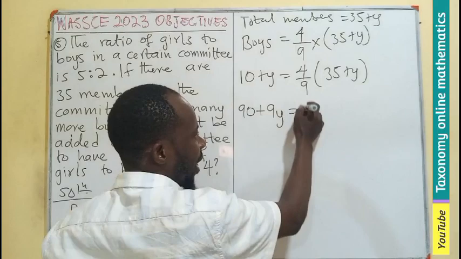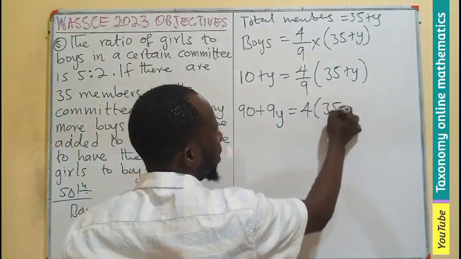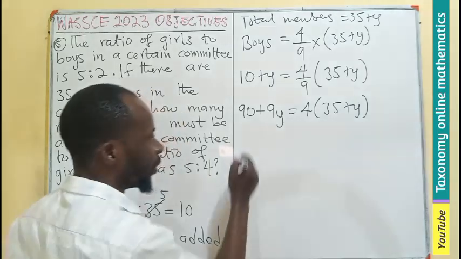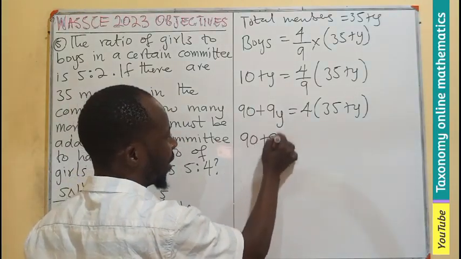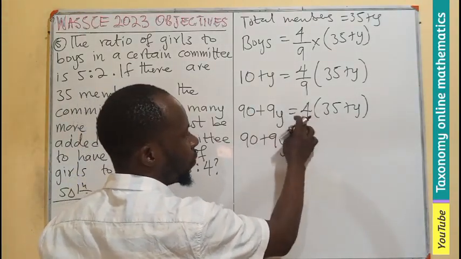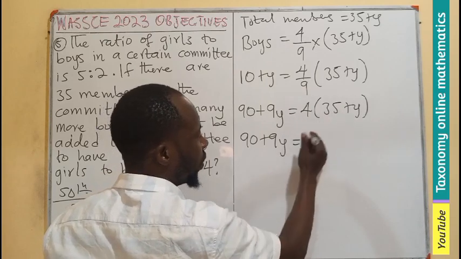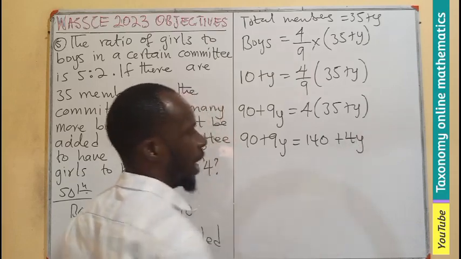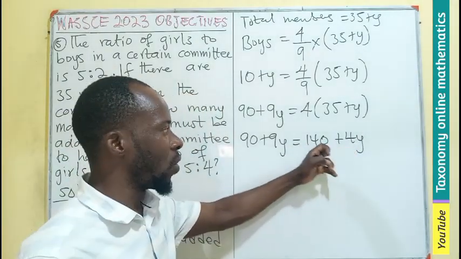When 9 multiplies the right side, you are left with 4 times 35 plus y. We can expand the bracket. So maintain your 90 plus 9y. This gives 140 plus 4y.